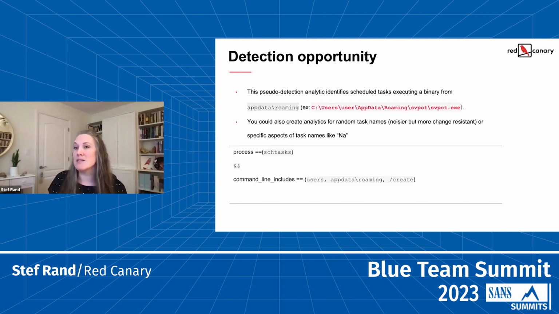You could create analytics with some regex looking for random task names. It actually detects a really wide range of different threats that do use suspicious, randomly named tasks for persistence. But you also get a lot of noise. It's super noisy, so you're going to have to tune it a great deal. And then you can also look for these task names.